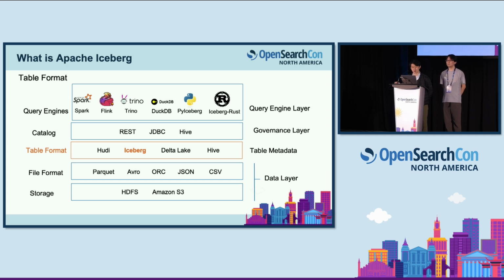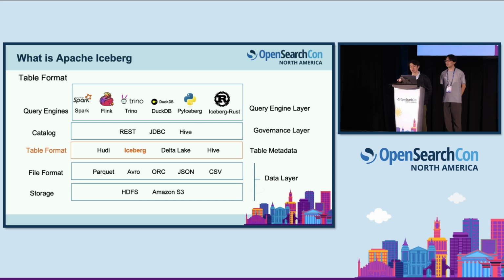Okay, here, what is Iceberg? Apache Iceberg is one of the most popular table formats. This picture represents the components of the open table format. Sometimes people confuse file format and table format, but these are different layers of structure. The center of this picture is the table format.